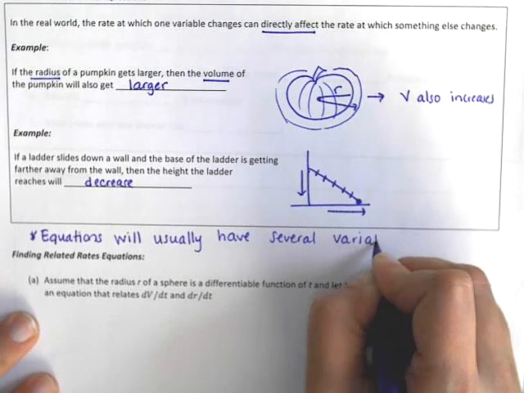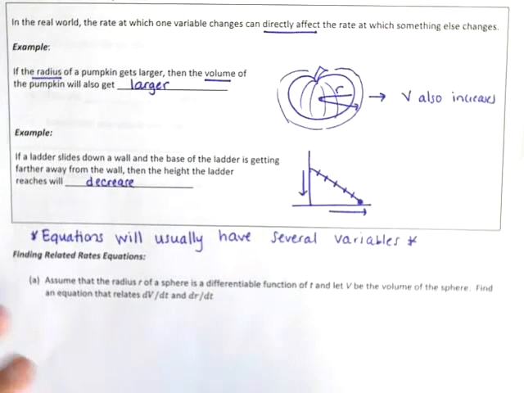And as a result, we need to review how to take derivatives of equations that have multiple variables that are all changing.